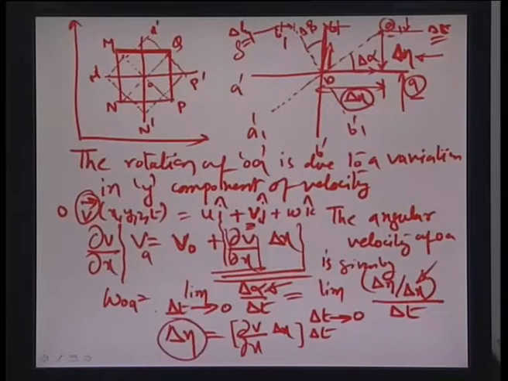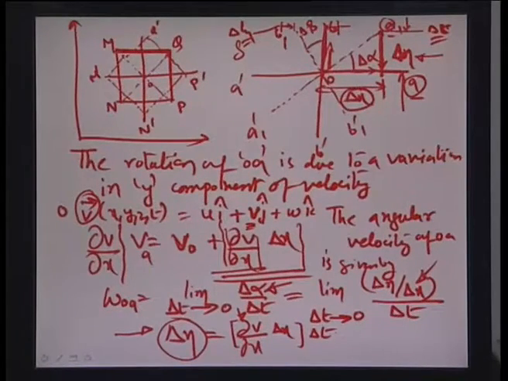So, delta neta, the distance that the point A covers in order to go from A to A1, is nothing but the differential change in the y velocity with respect to x times delta x, due to which the velocity at point A is different from that at point O. This change times delta t is exactly what delta neta would be, the amount of distance that A traverses when it goes to A1.